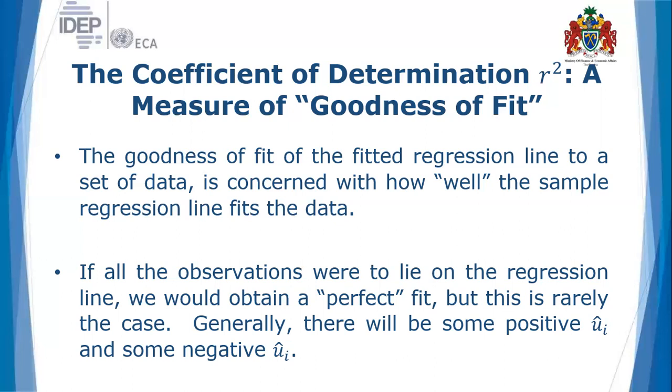If all the observations were to lie on the regression line, we would obtain a perfect fit, but this is rarely the case, at least in practice. So generally, there will be some positive estimated error values and some negative estimated error values.